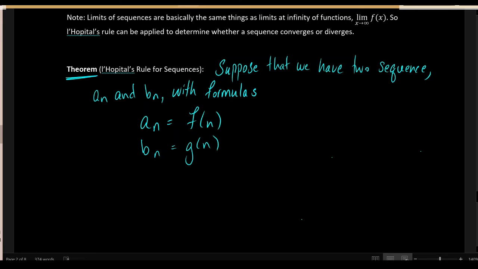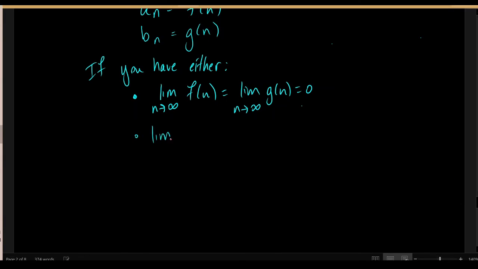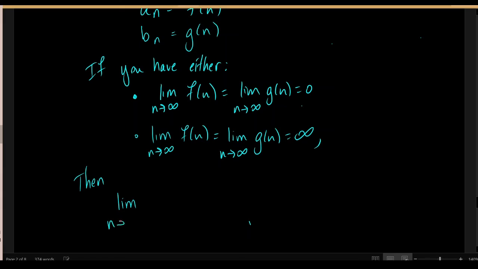If the following condition is satisfied, if you have either that the limit as n goes to infinity of the first formula and the second formula are both 0, or alternatively, if both of these limits are equal to infinity, then you can calculate the limit of the ratio by looking at the limit of the derivatives.